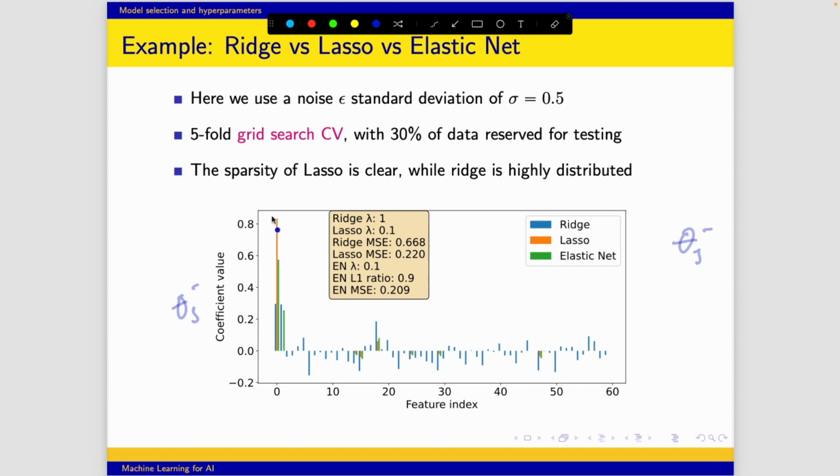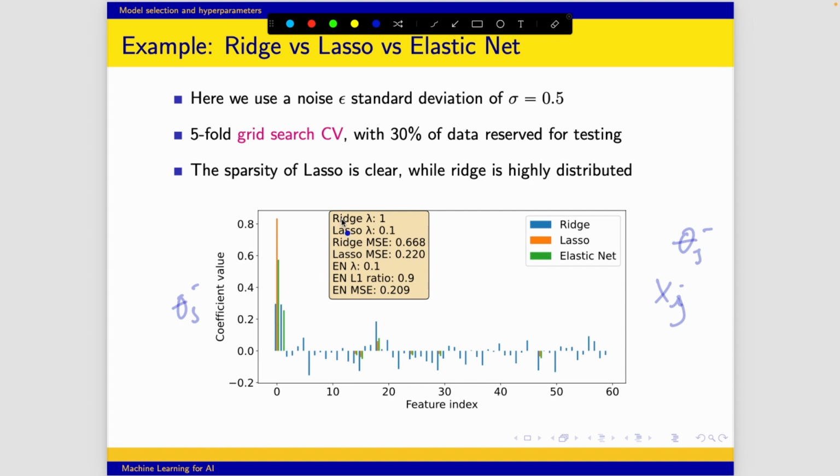The value is indicated along this axis, and this is the index from j equals 1 up to 60. Remember, we had 60 predictors xi, so we had 60 of these corresponding coefficients.